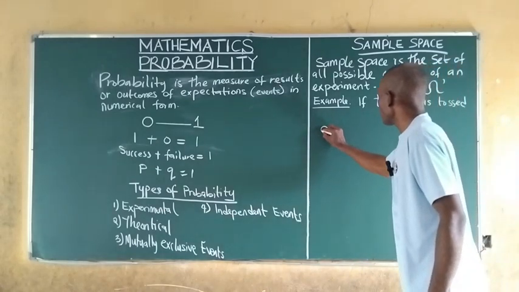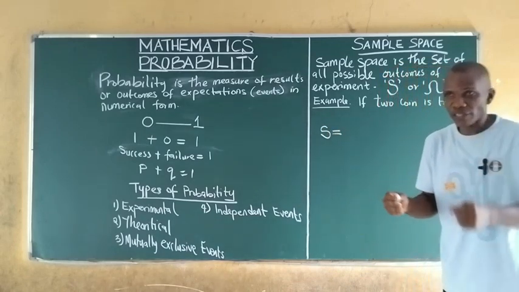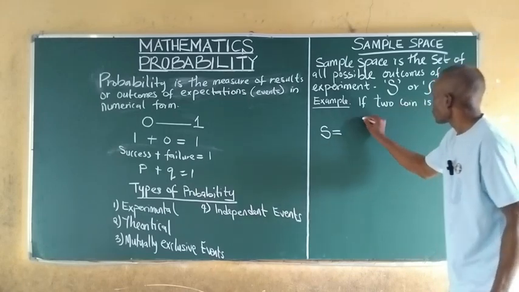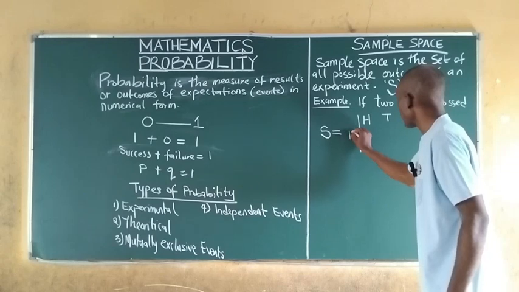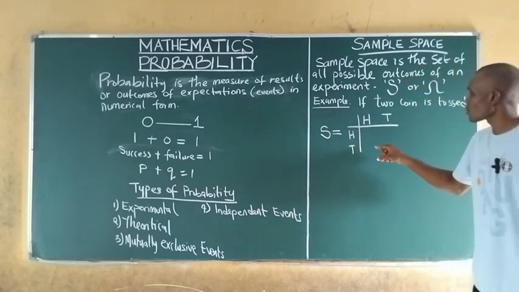Of course, we know that a coin has two faces, the head or the tail. This is one coin and the other coin we can write this way. We can also use the tree diagram to explain this concept.